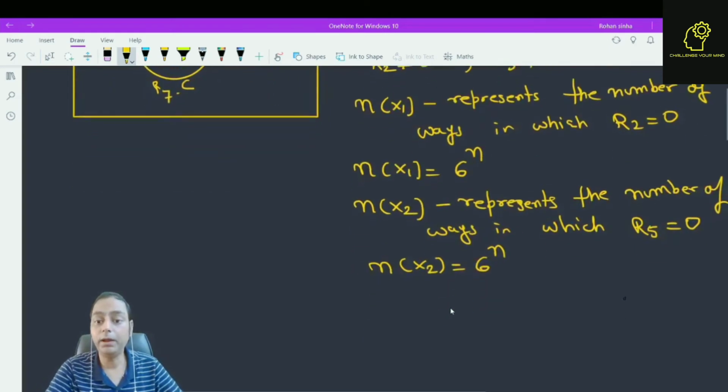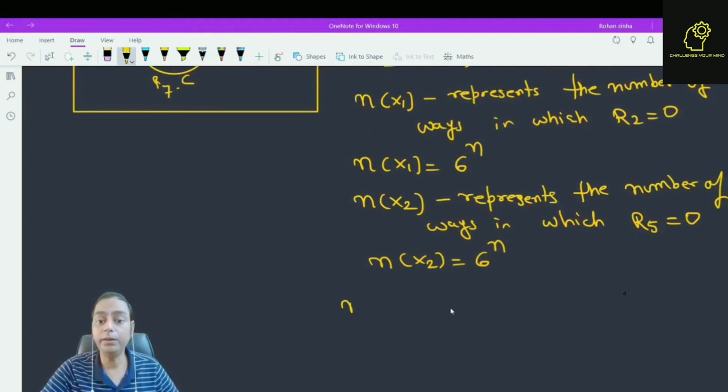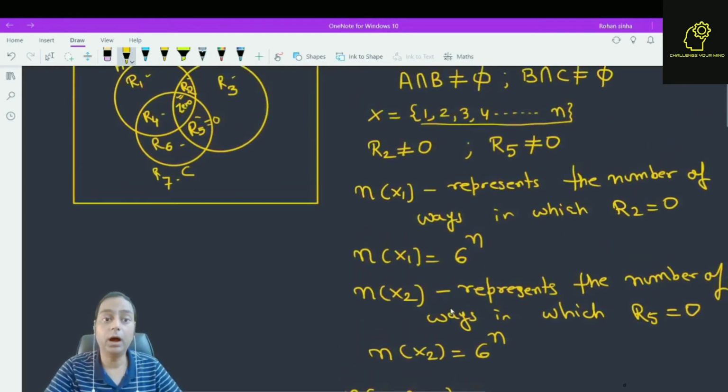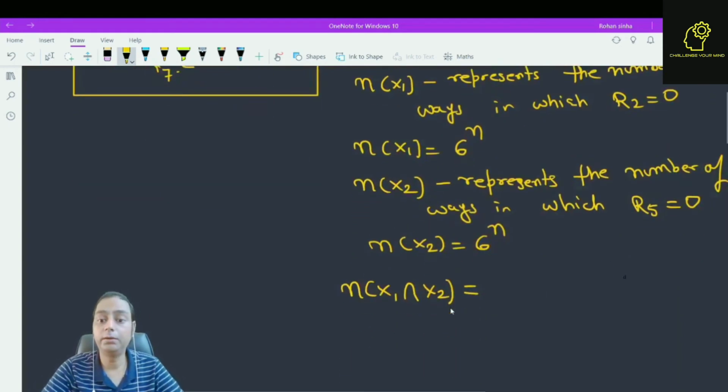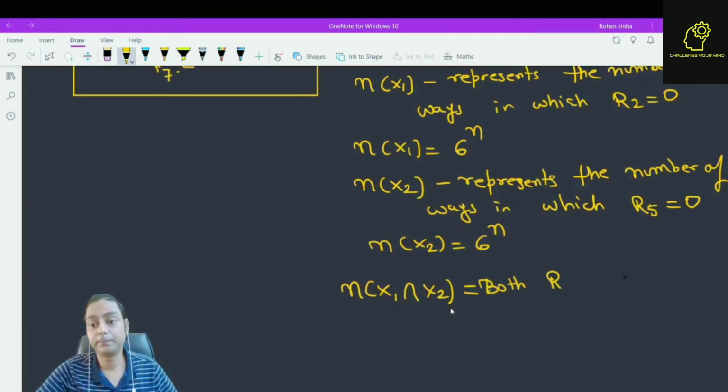And what about n(X1 intersection X2)? What does it mean? n(X1 intersection X2) means both R2 and R5 are 0. This is also 0 and this is also 0. This is R5. So both R2 and R5 equal 0.